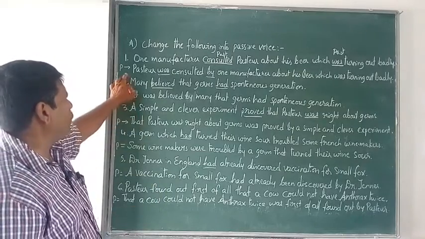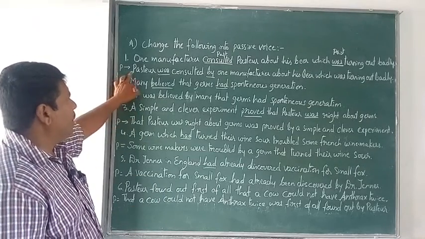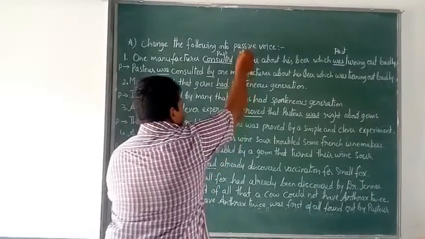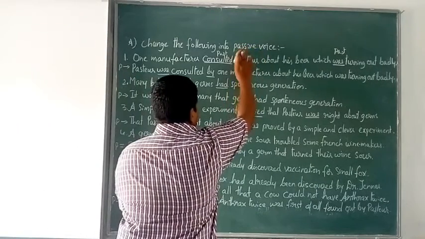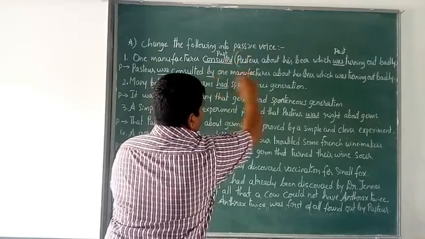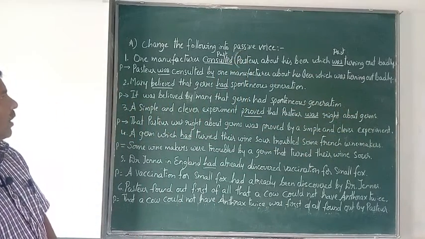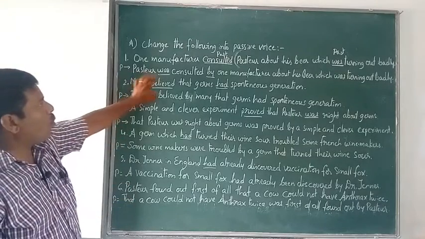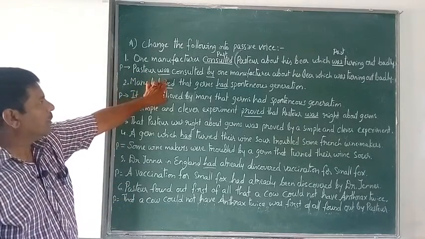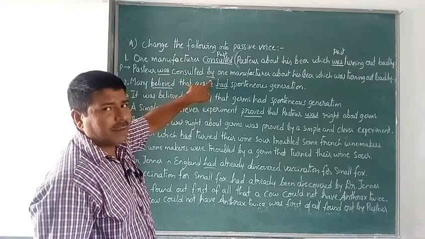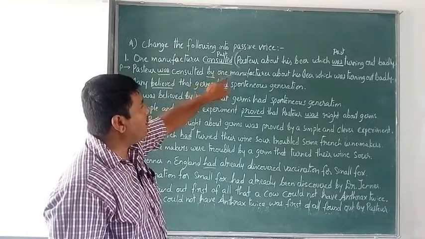Now let us explain past passive. Pasteur, see here, Pasteur is the person, it was in the object position. "Pasteur about his beer which was turning out badly." Now here, Pasteur was consulted by, that is the passive, by one manufacturer.